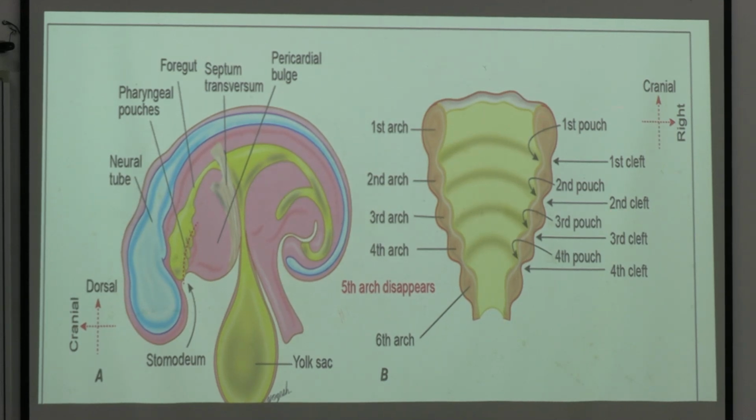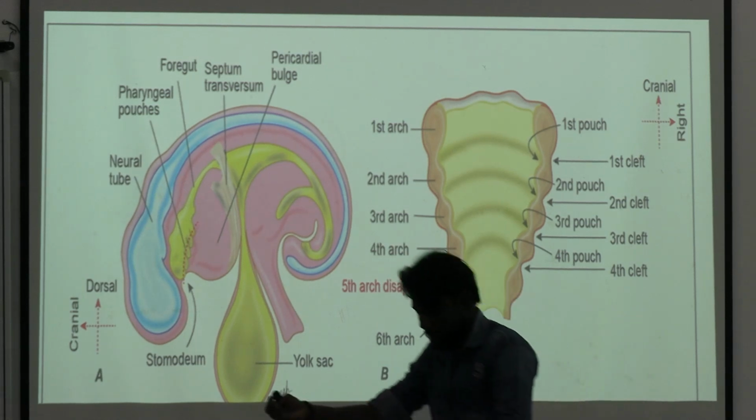So why is this 4? It should be 5, because initially we had 6 arches, so between the arches it should have 5 clefts and 5 grooves on the inside. But why is this number 4? The reason is that we develop 6 arches, but later on one arch disappears.